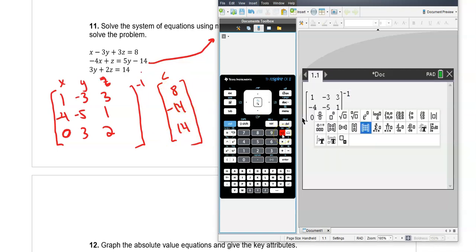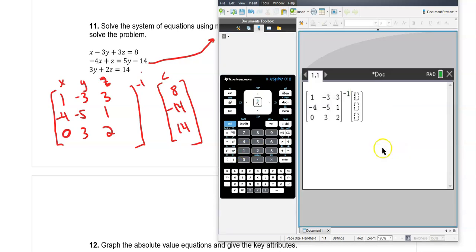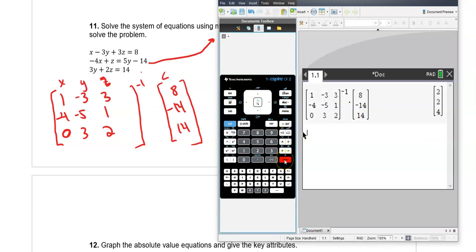So you hit that matrix button again, and hit the waffle again. And this time we're going to do 3 by 1. And hit OK. And we're going to put 8, -14, and 14. And hit enter. And there's my 3 answers.